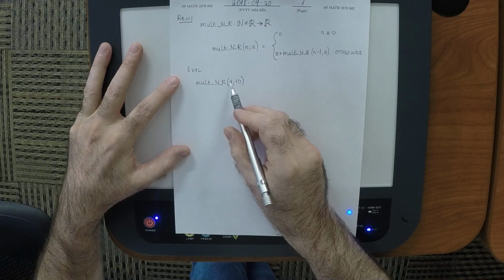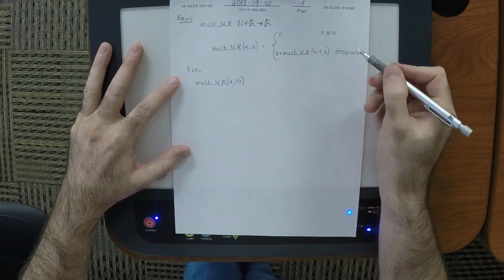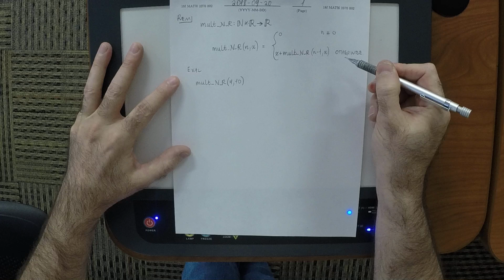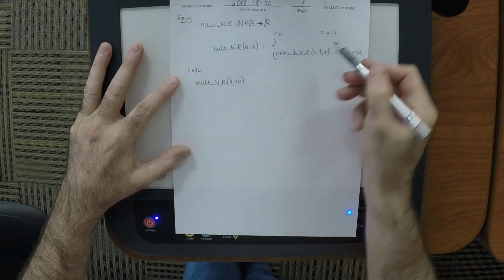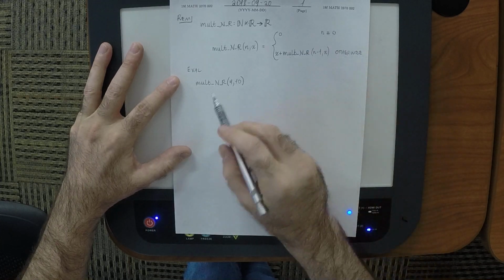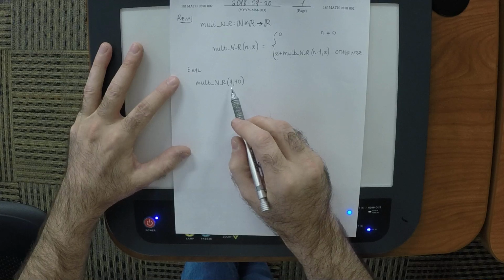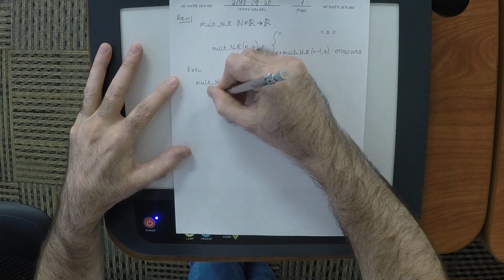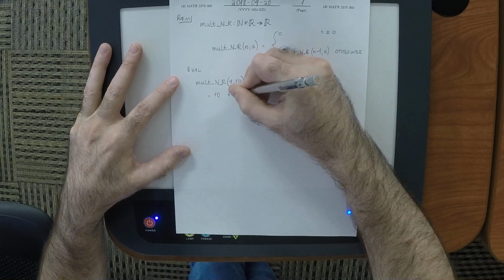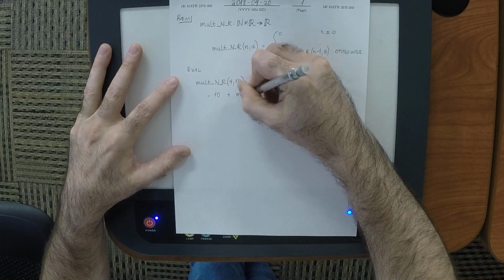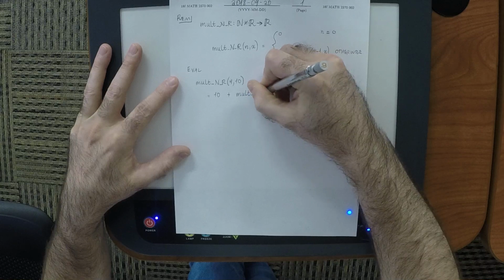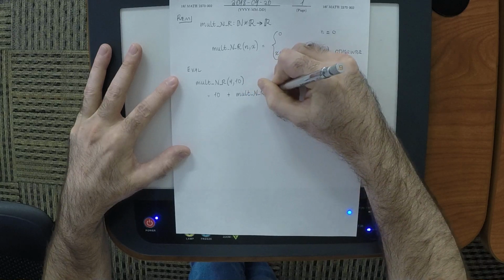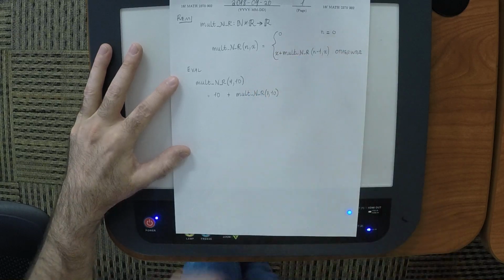Because the first argument is 4, that means that we'll use the second clause, because we're only going to use the first clause, the clause that exits, when this argument finally reaches 0. So it'll be 10 plus mult in R of 3 and 10.